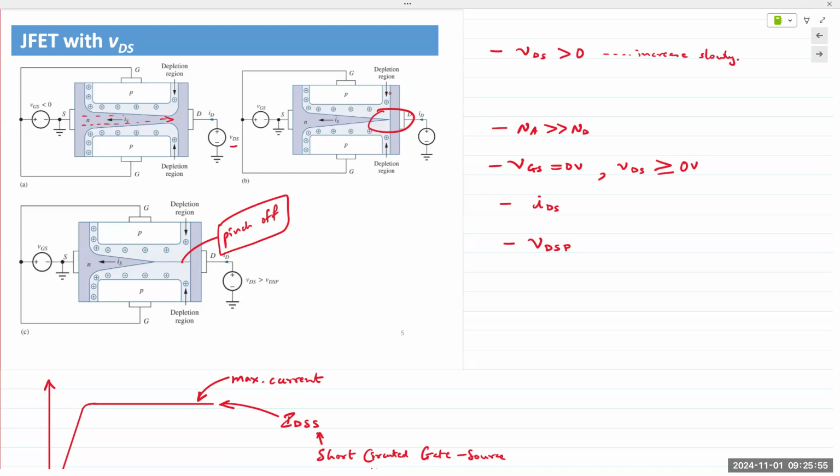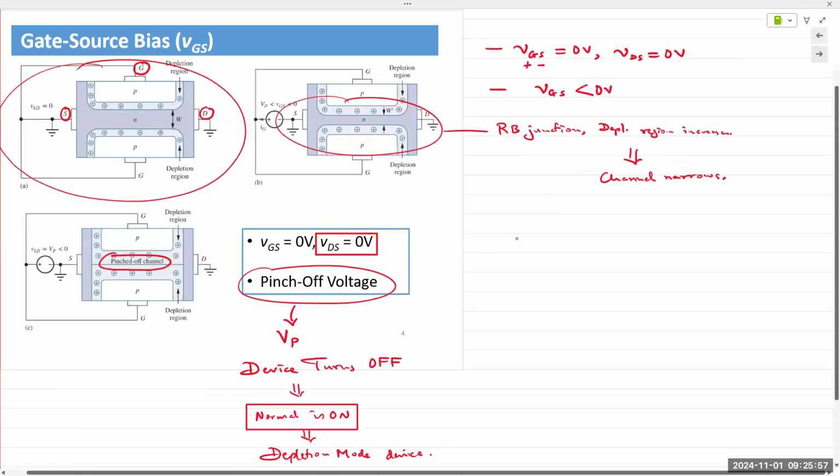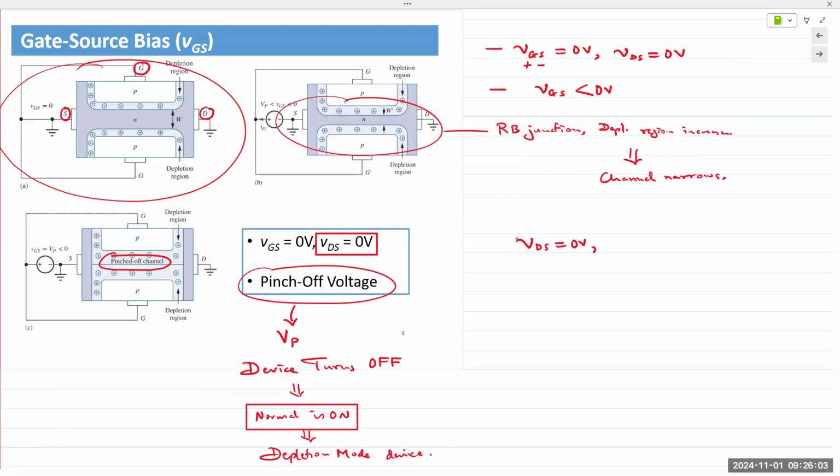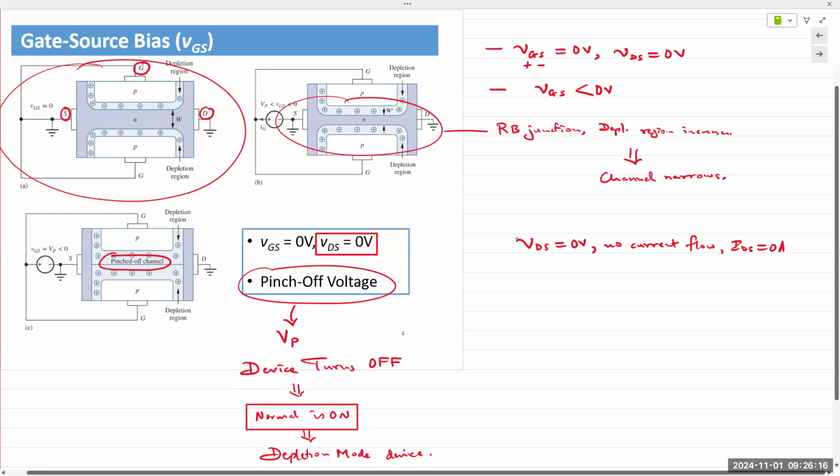Okay. So recap. Here, VDS is equal to 0 volts. No current is flowing, meaning IDS is equal to 0 amps.